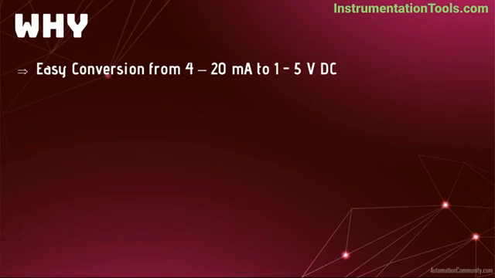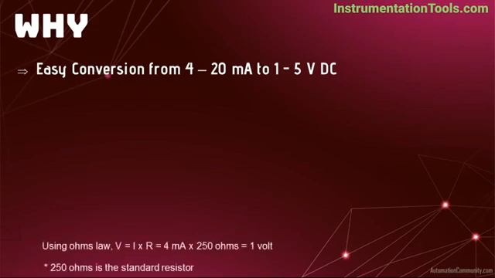One of the main advantages of using 4 to 20 mA signals is, it simplifies the signal conversions from current to voltage. A simple resistor is sufficient to convert the 4 to 20 mA signals into the equivalent 1 to 5 volts. Remember, we need a 250 ohms precision resistor for the conversion. Let's see the example of signal conversion.